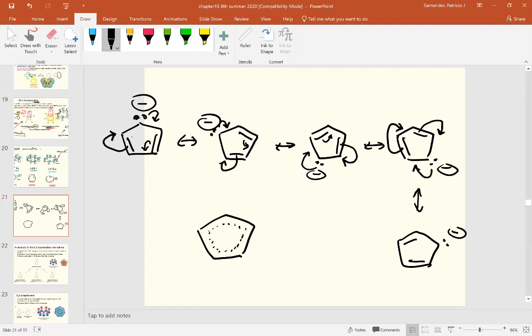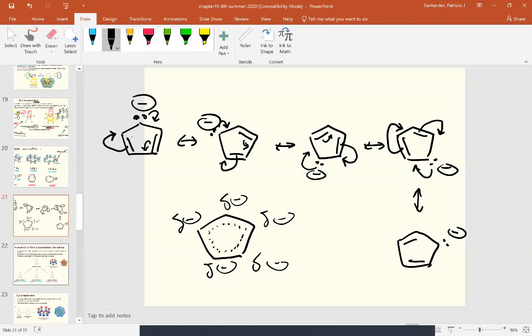We can have a partial double bond in each one of the pairs of carbon atoms, and all the carbon atoms will exhibit a delta minus, all the way around. That is very nicely represented when you look at the electrostatic potential map. You will see that each one of the carbon atoms has a partial negative charge.